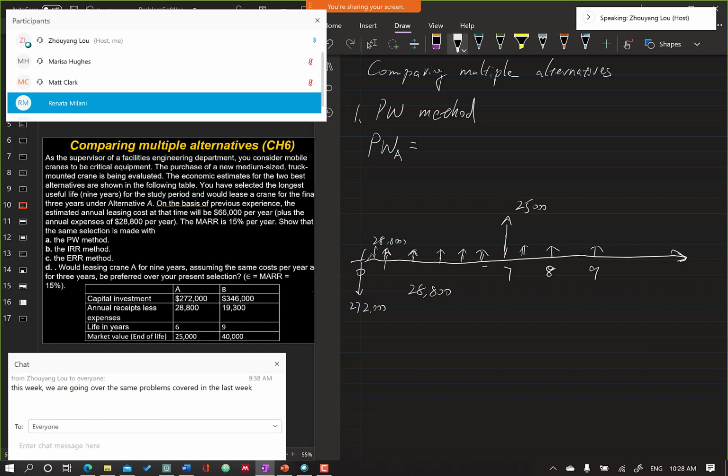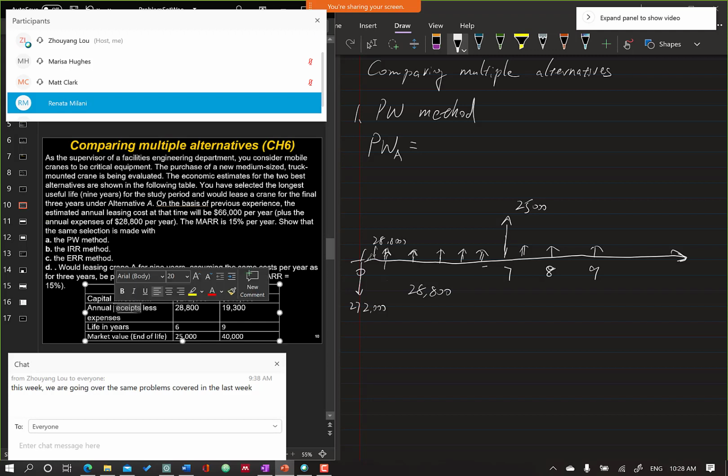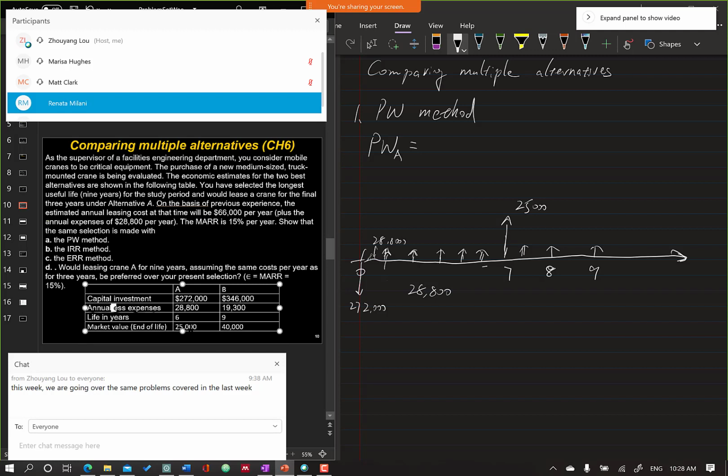So I kind of think that maybe there's a typo there. It should be just expenses. Yeah, let's just say that's expenses.